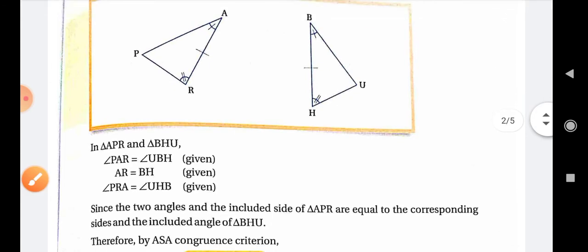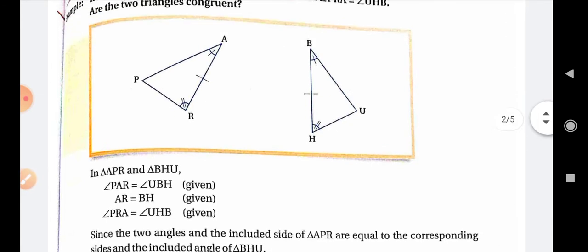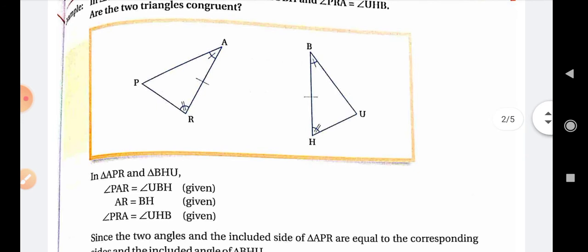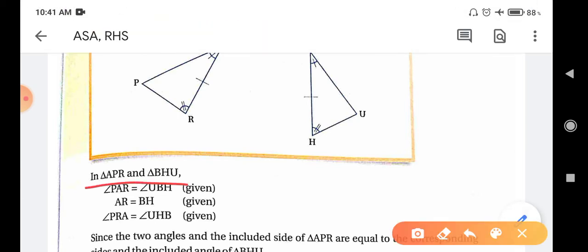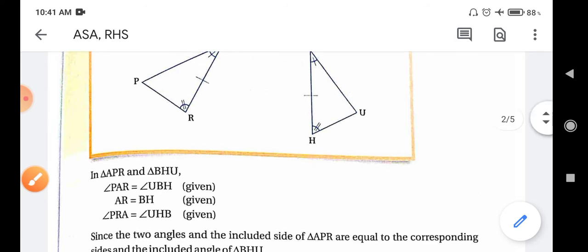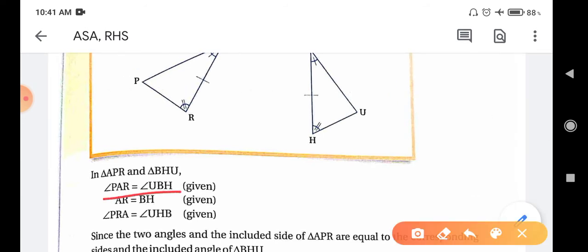So firstly we will write the names of the triangles for which we have to prove congruency. In triangle APR and triangle BHU, we are given angle PAR is equal to angle UBH, AR is equal to BH, and angle PRA is equal to angle UHB.